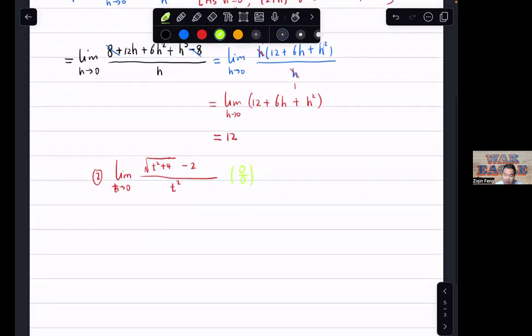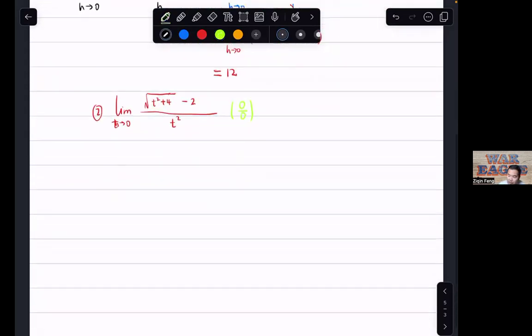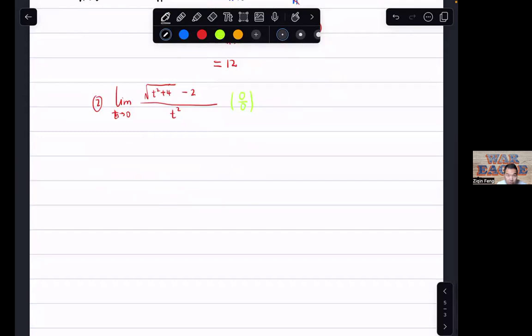And for sure, you cannot factor t squared out of the numerator, which is impossible. It is a square root minus another number, which is hard to factor. So in this case, we have a new way to handle that, which is to multiply by the conjugate. If you have a difference or sometimes a sum of two terms, the conjugate changes the sum to difference or difference to sum.